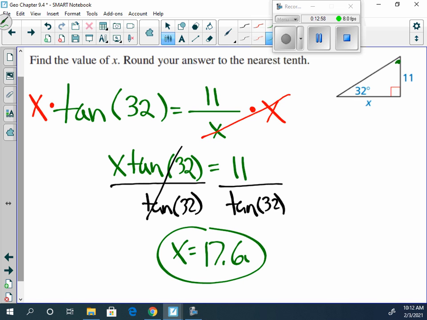Will it be less than 32? It'll be bigger. It's actually going to be 58. Yes, 58 degrees. So that side length should be a little bit bigger. And that's just a way to kind of look at it. Are there any questions on this here? Are you good with this here? Yes. It's pretty much exactly what we did yesterday, isn't it? Except now we're using tangent instead of sine or cosine.